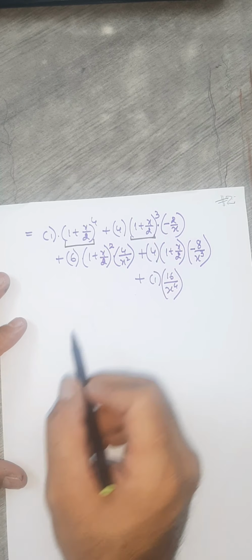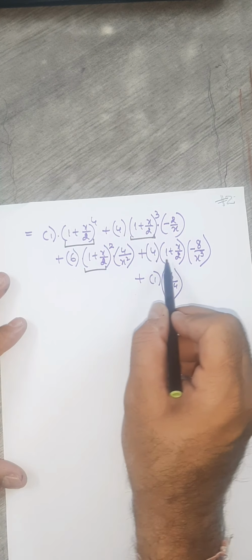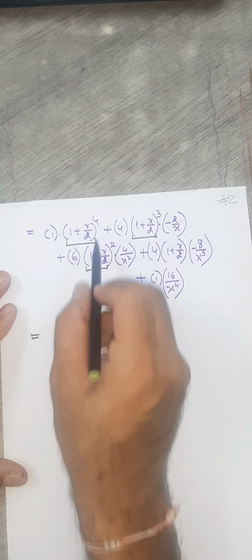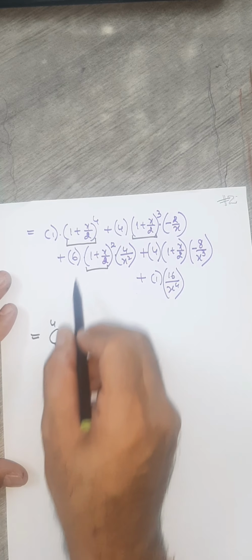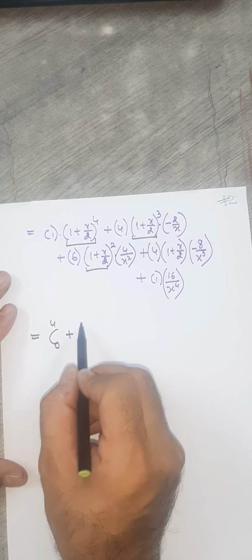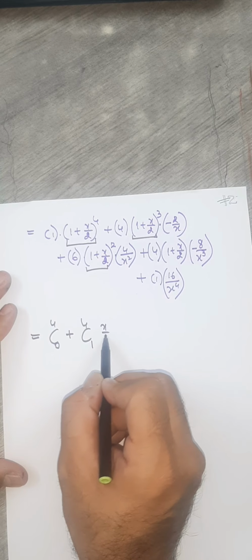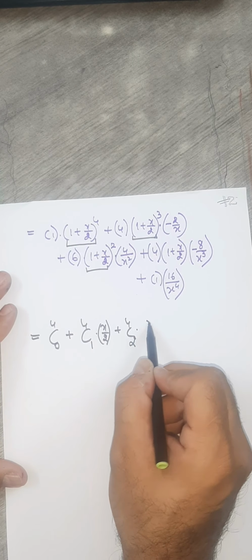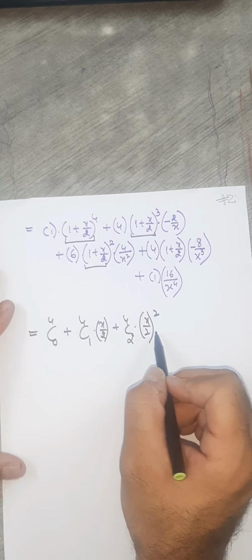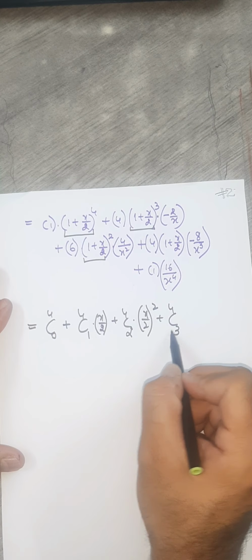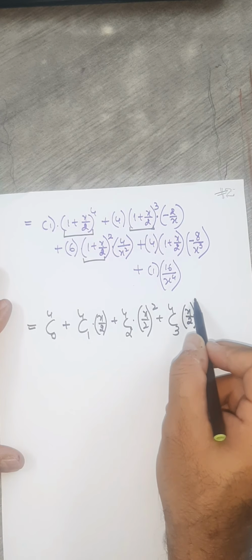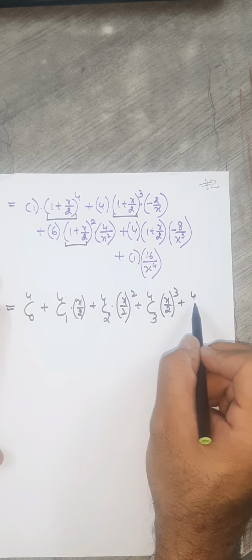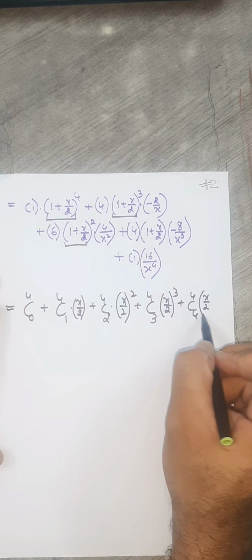You can do it directly here because it's a whole cube. You just need to open the bracket. So I'm doing here 4c0, this one remember, into 1, plus 4c1 into x by 2, plus 4c2 into x by 2 the whole square, plus 4c3 into x by 2 the whole cube, plus 4c4 into x by 2 the whole raised to 4.